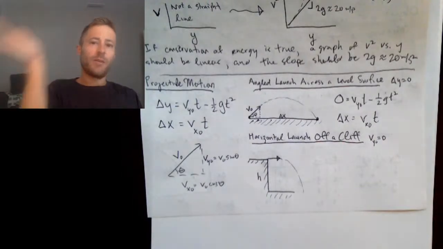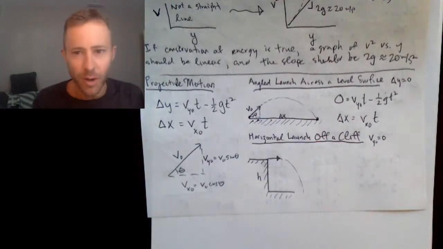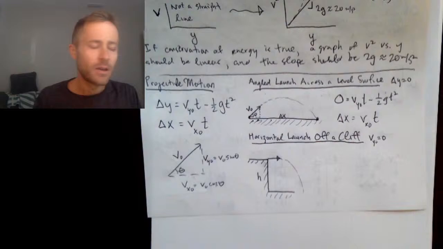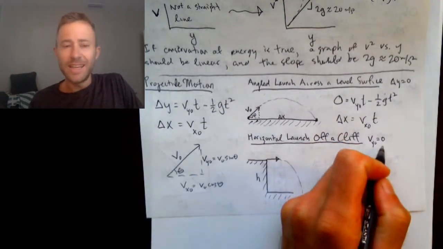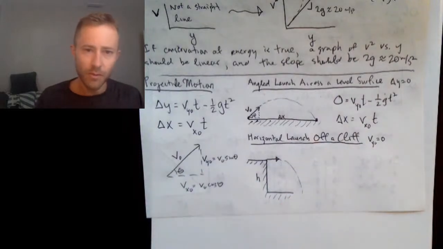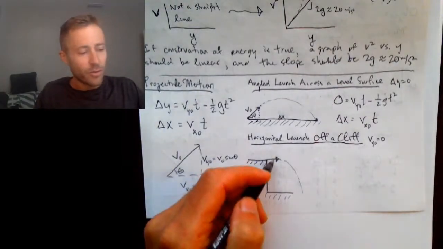If you're throwing it up at an angle, then Vy naught would be positive. If you're throwing it down at an angle, Vy naught would be negative. Okay? Important point. This is the initial y velocity. Once you let go of it, gravity is going to curve it downward.